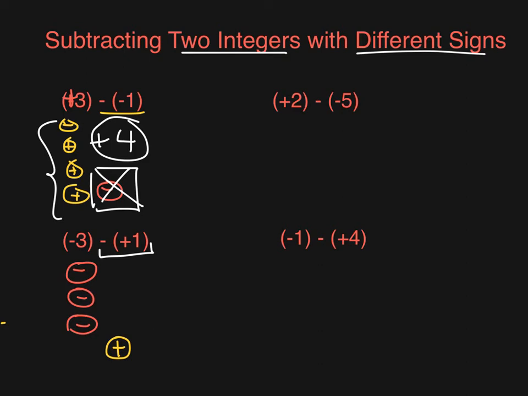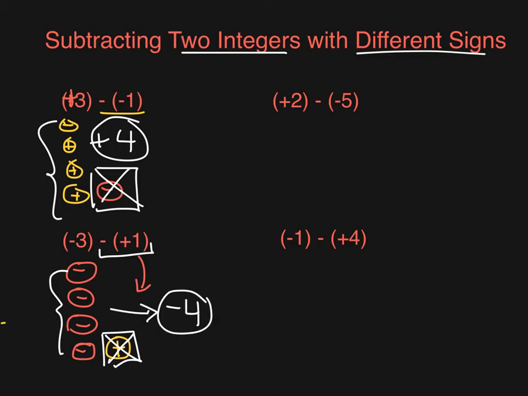But for everything that I add in, I technically need to put in a 0 pair. So for that 1 positive chip that I put in, I'm going to put a negative chip. I can now take away that +1, so that is gone, and I'm left with these, which is -4 as my answer.